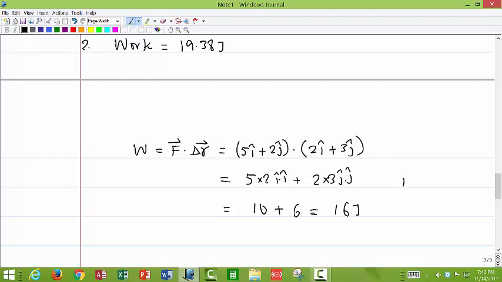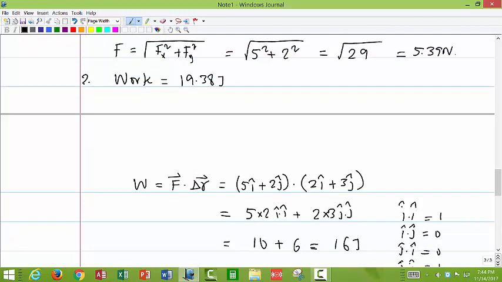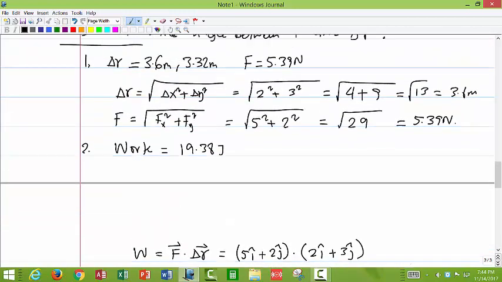So you know the relationship here: i dot j and j dot i are 0, and i dot i is 1, j dot j is equal to 1, right? So I left the cross terms out because those will be 0. So the work done is 16 joules. Okay, that's different from just multiplying the two magnitudes together.